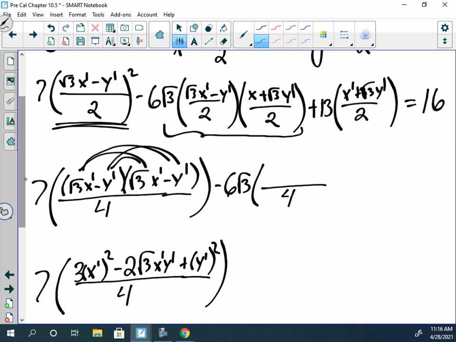But we're still going to have a denominator of 4. Now here, square root of 3x prime times x prime is going to be the square root of 3 x prime squared. And then we would have square root of 3x prime times square root of 3y prime is going to be plus. I'm going to write this out because of the sign change. It'll make things a little weird. Because these here give us this. However, I have negative y prime times x prime, which will be negative x prime.